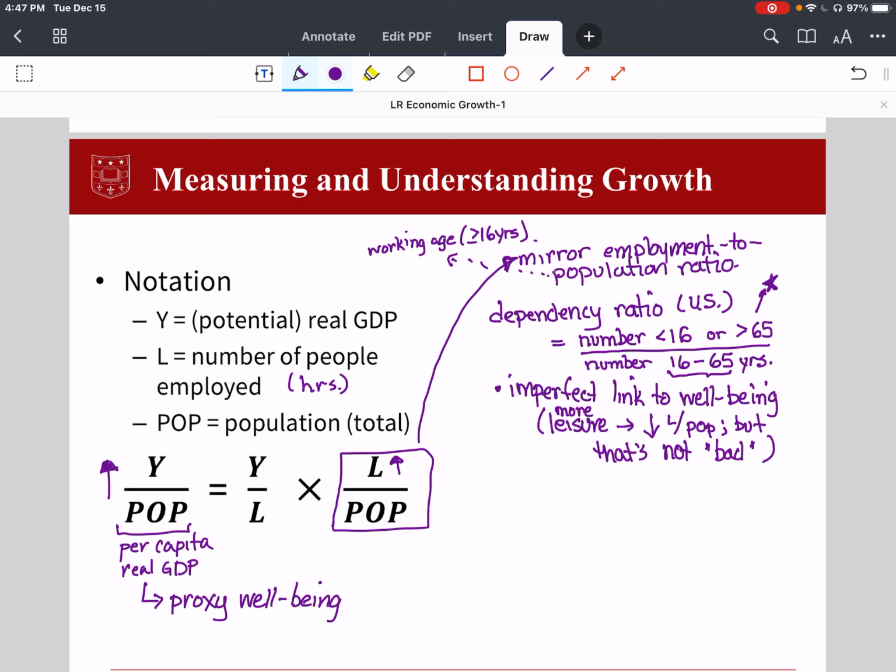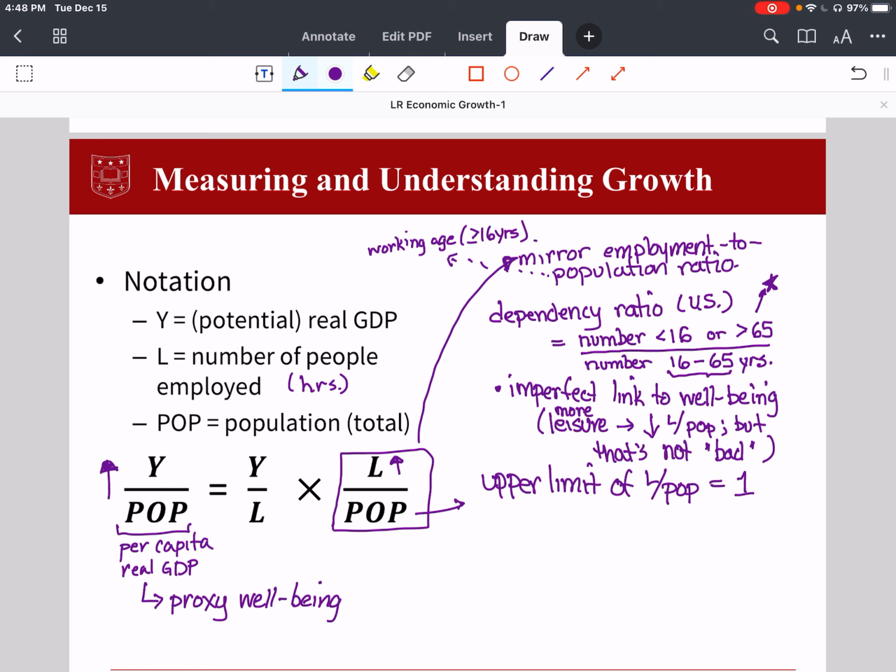The other thing that I want to focus on, and this will motivate in a big way what we consider, especially in the second set of these notes, is that this is bounded by 1. The upper limit of L over the population is numerically 1. We can't have more people working than are in the country itself.